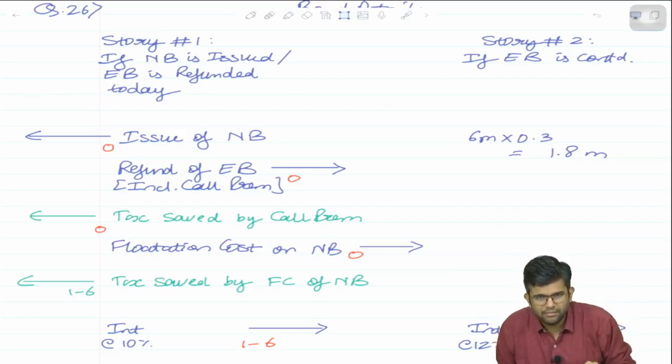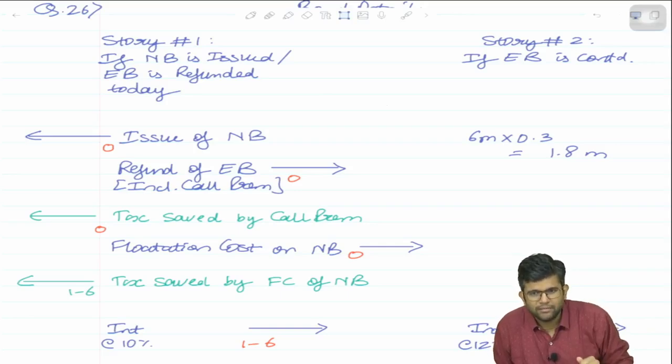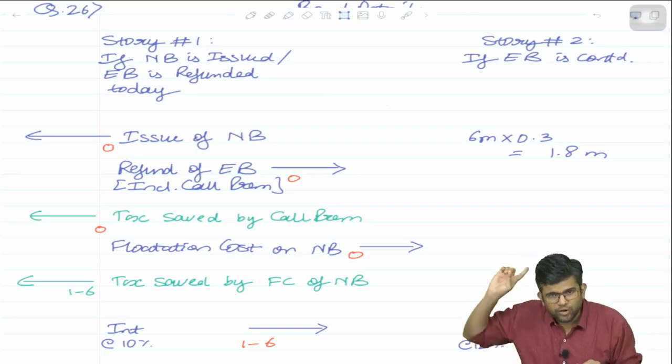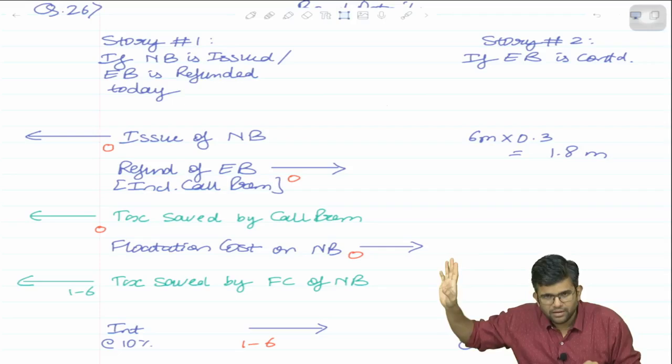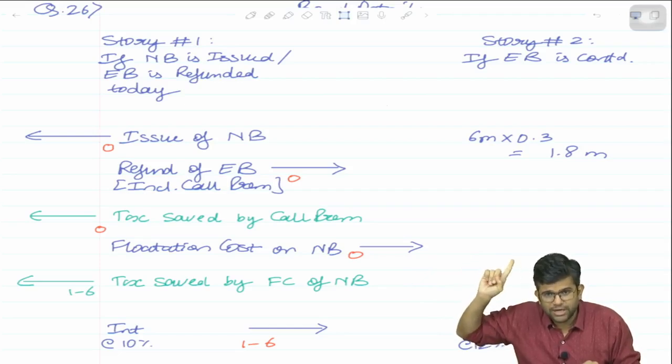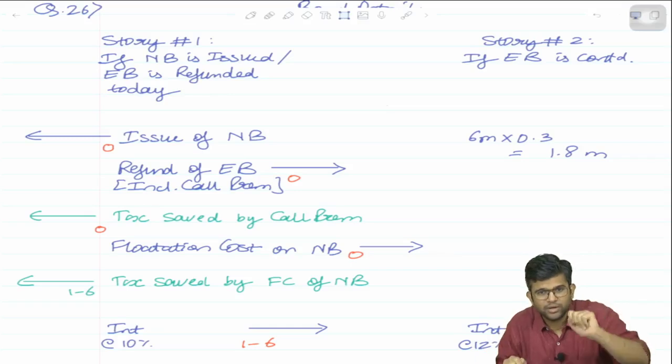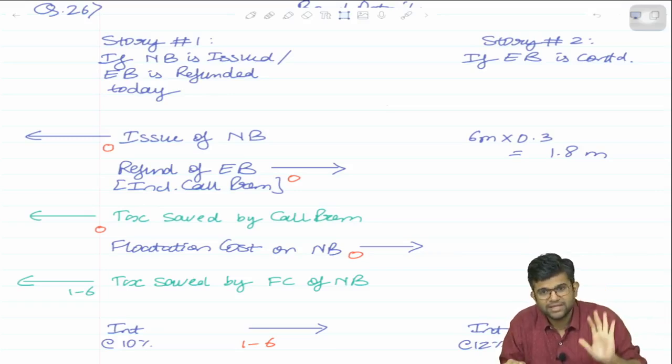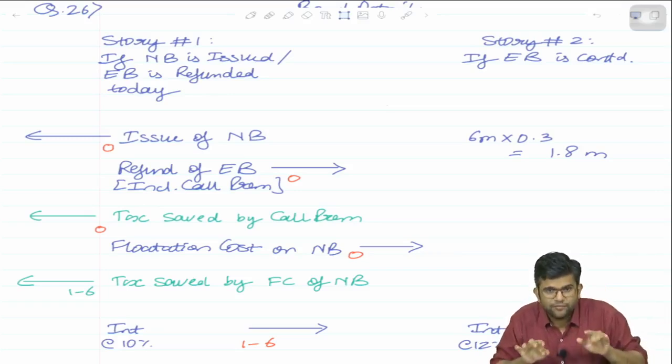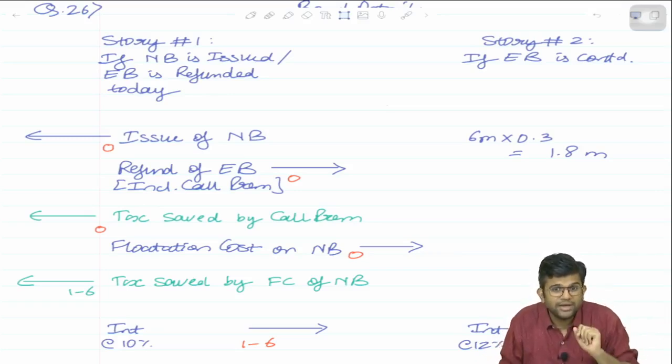Today 4 years have passed, 6 years are pending. 4 years back I must have incurred flotation cost. The Income Tax Act and the companies told me that the flotation cost is giving you a benefit for 10 years, and hence you should amortize it over 10 years. I said okay. I started amortizing for 10 years. Then 4 years passed.